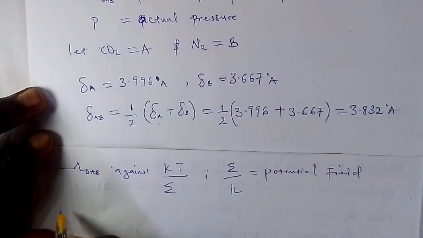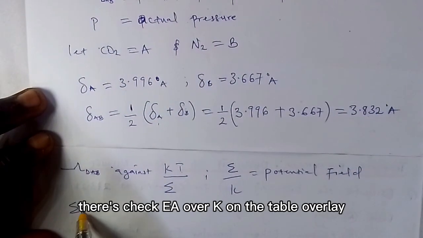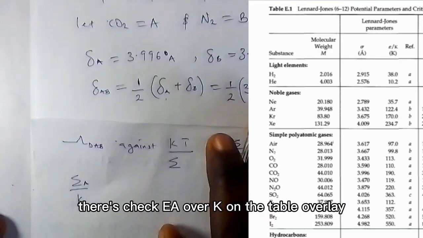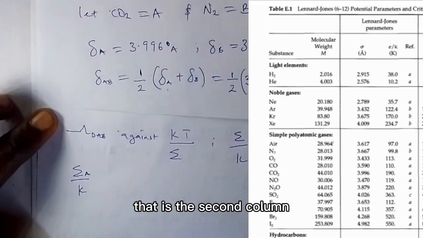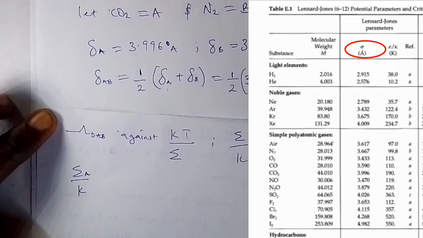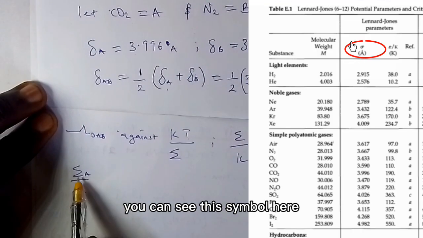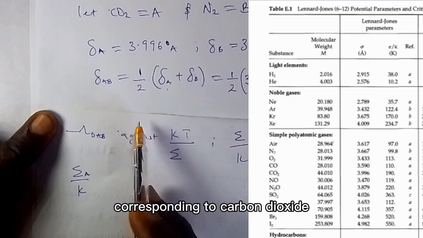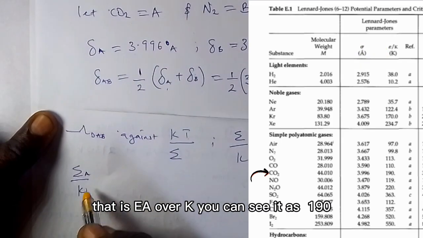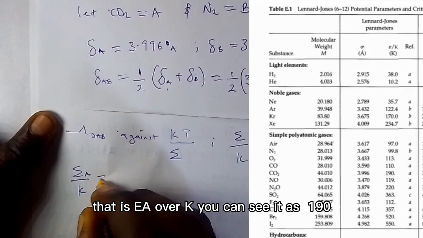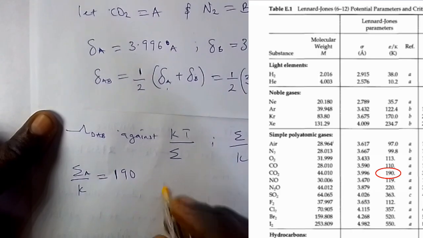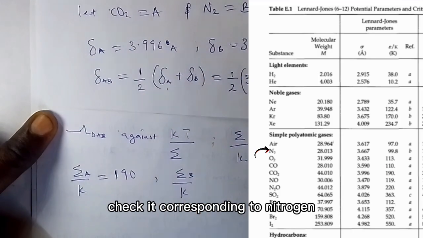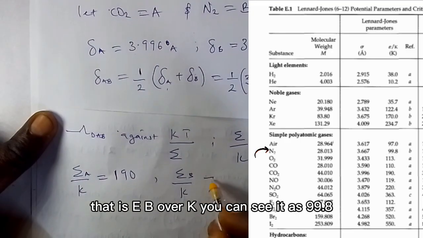That's EA over K on the table overlay. It is the second column under Lennard-Jones constant, you can see this symbol there without any alphabet. Check corresponding to carbon dioxide, that is EA over K. You can see it as 190. Check it corresponding to nitrogen, that is EB over K. You can see it as 99.8.